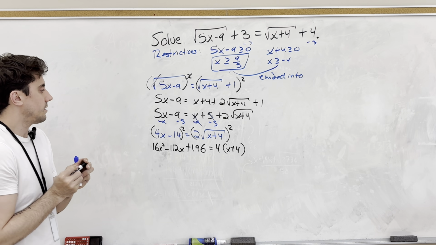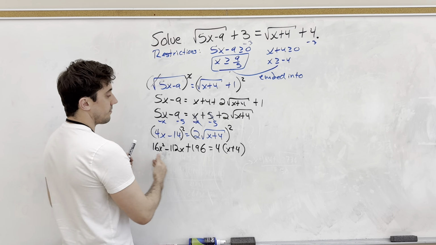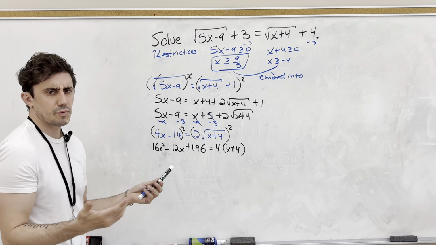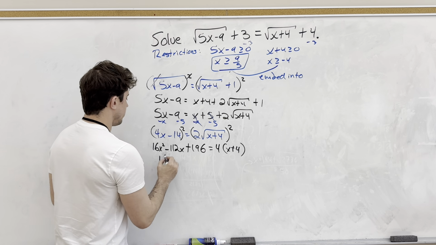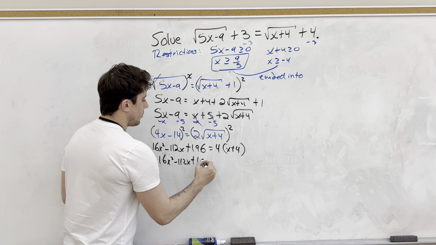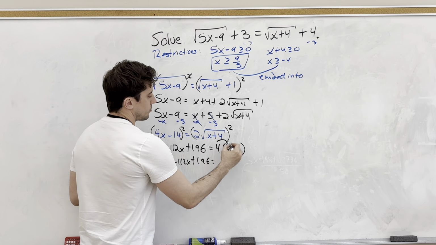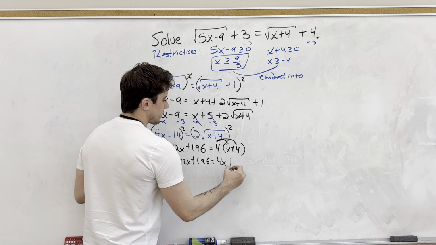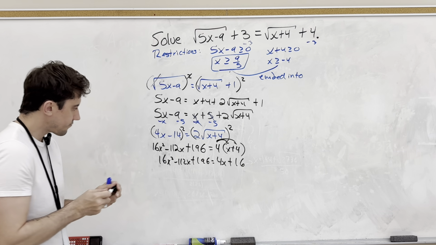So now we are done with the radicals, and we have a quadratic equation. We're pretty good at solving those by now. So we have 16x squared minus 112x plus 196 equals 4x plus 16.